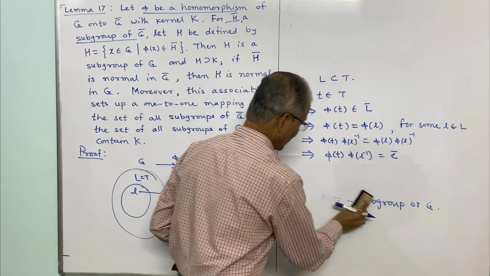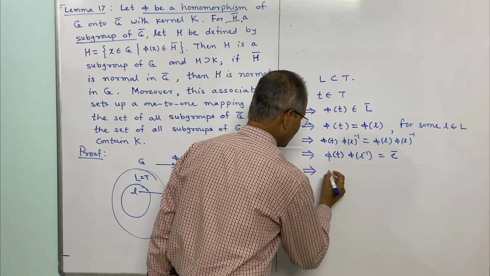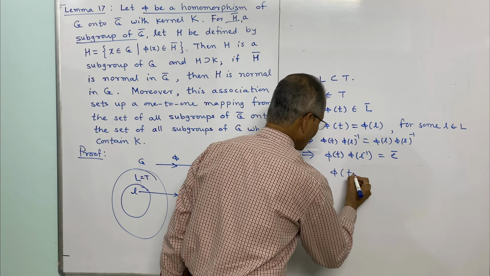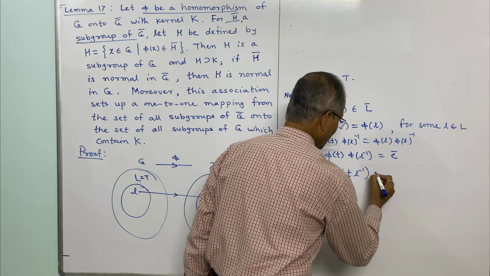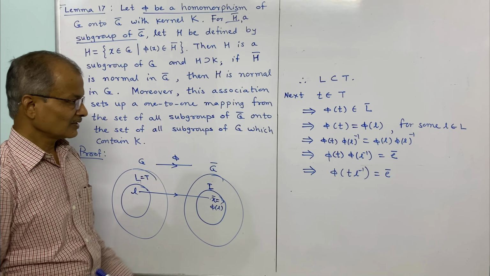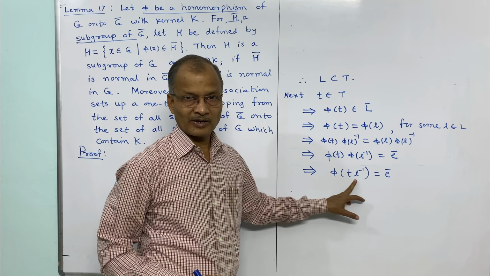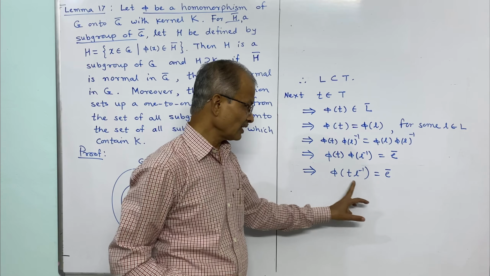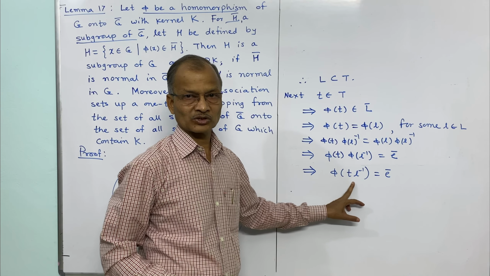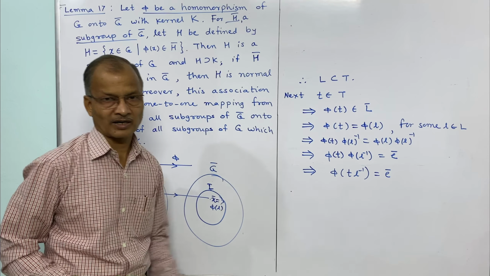So this implies phi of t l inverse is equal to e bar. And what this further implies is that this element, whose phi image is e bar, must be in the kernel by definition of kernel, because the kernel contains those elements whose image is identity.